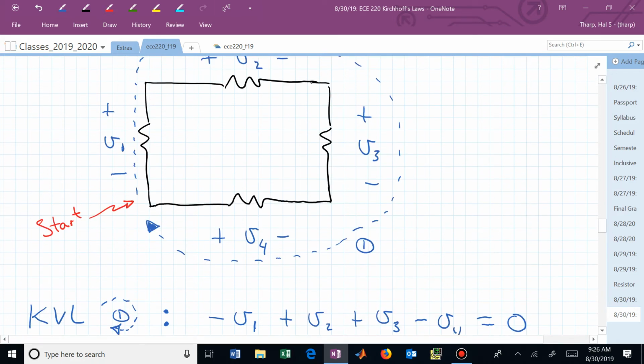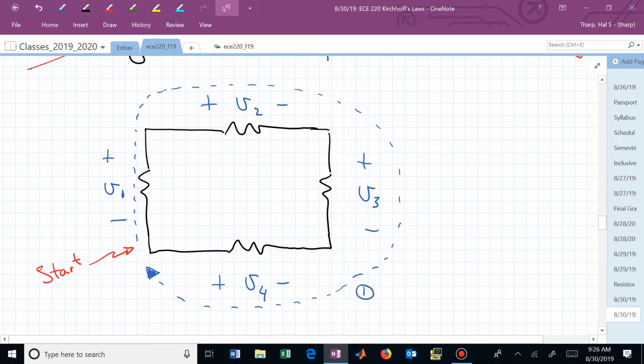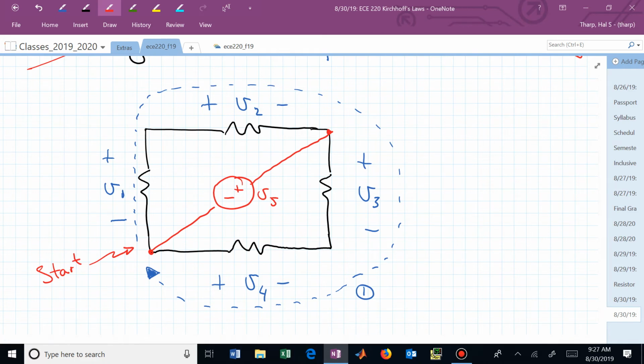What if we had a variation on this? Suppose now that I said, oh, let's modify this and put an independent source between two particular corners in that circuit.